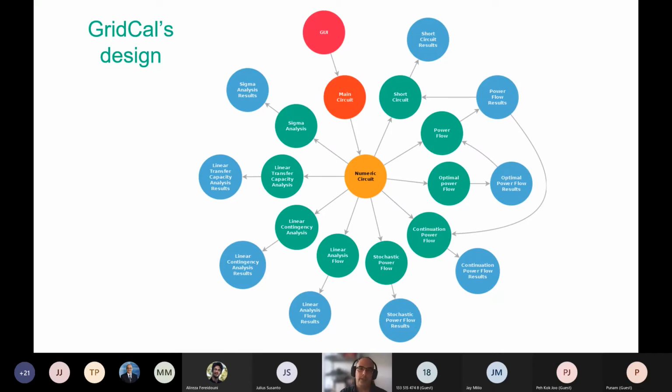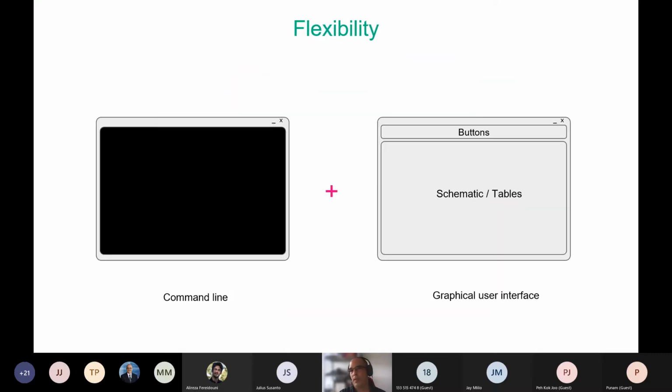So what do I get from having something that looks so complicated? I get flexibility, and I get a lot of time saving. For instance, the design of GridCal today includes a command line and a graphical user interface. And the command line, well, it can be a command line and it can be a Python library, simple.